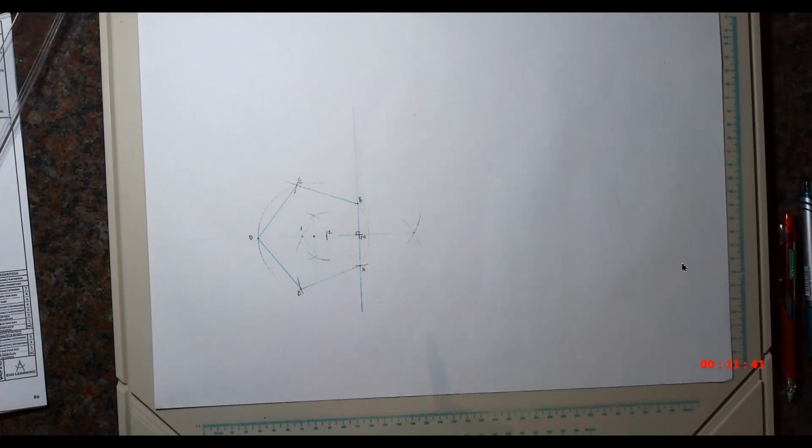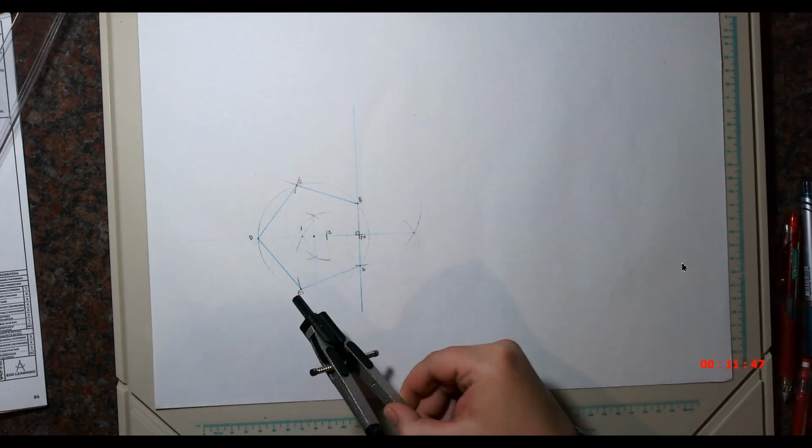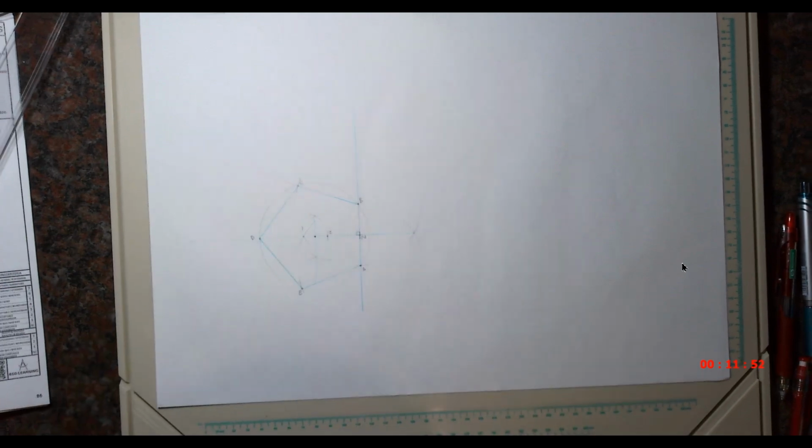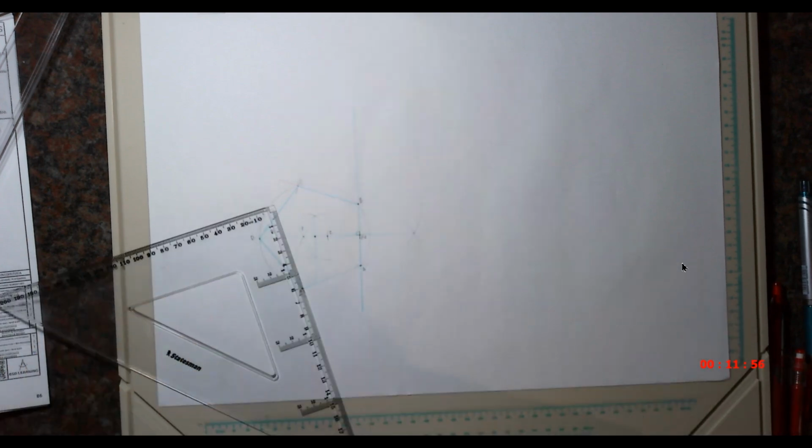That's another way to draw your pentagon if you're not confident using the compass method. But let's continue. So now I have my top view, but I need construction lines because we are working with a pyramid.